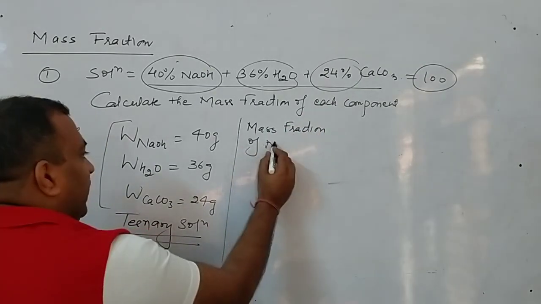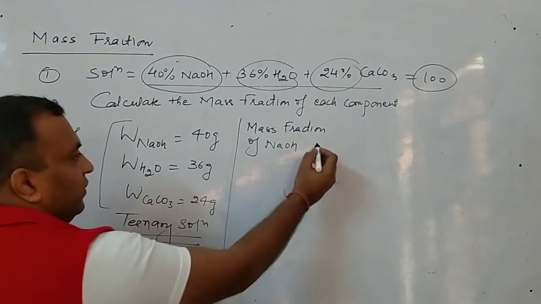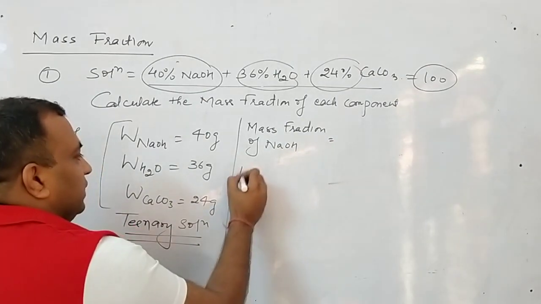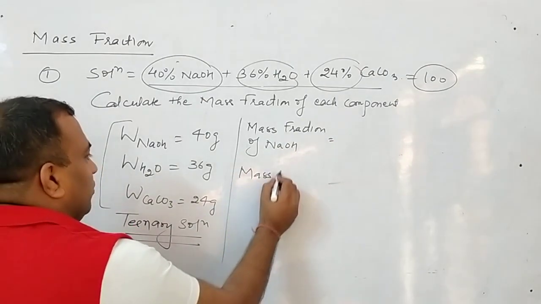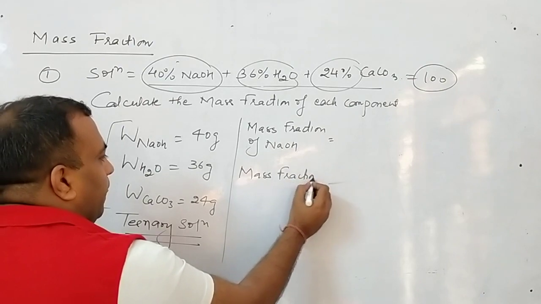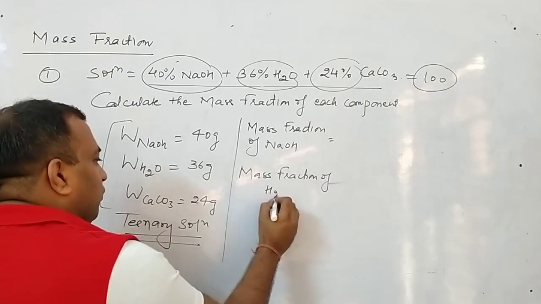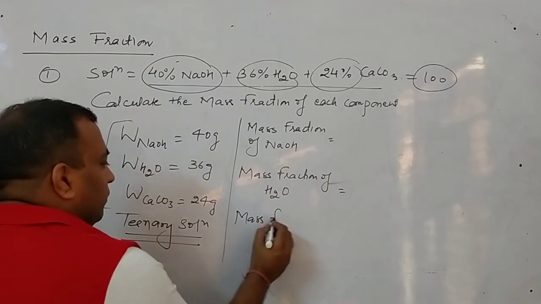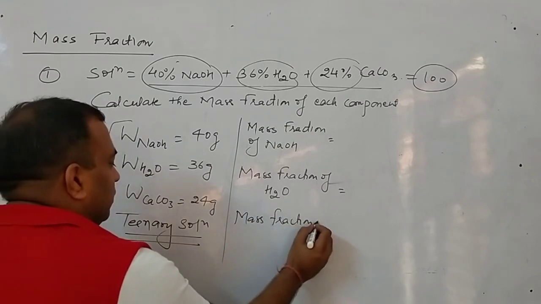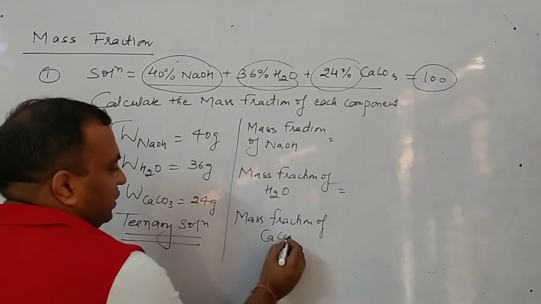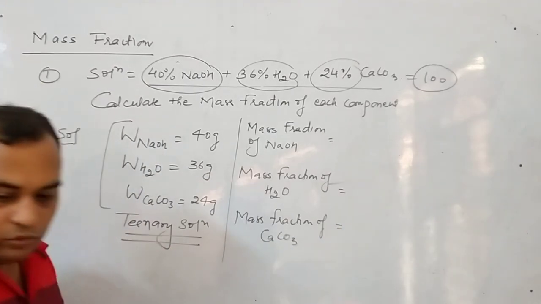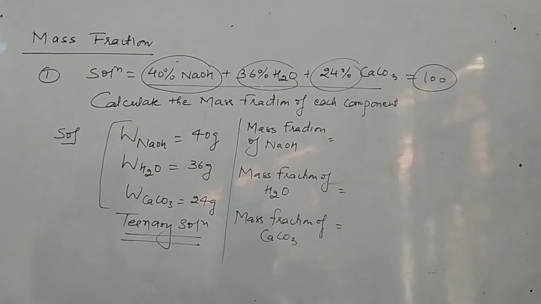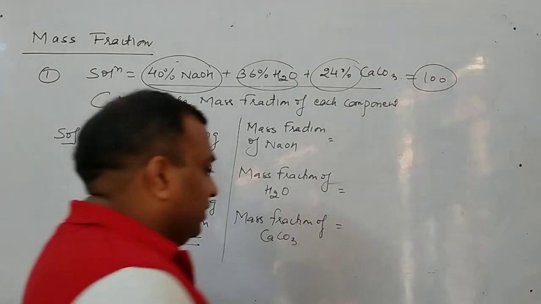Clear? Okay, now see. Mass fraction of NaOH first I will calculate, then mass fraction of water, and the last, mass fraction of CaCO3. Now first I write the formula.